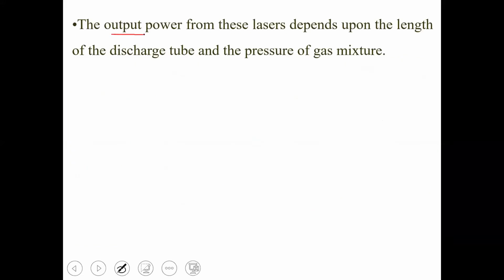The output power depends on the discharge tube voltage and the pressure of the gas inside, that is, how much electric discharge voltage is supplied and what the pressure ratio of the gas mixture is. Here we take it ideally as 10:1.